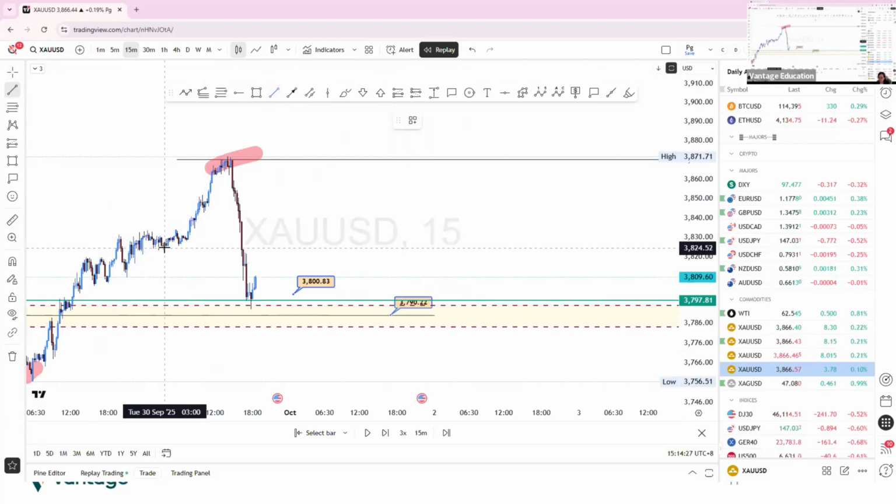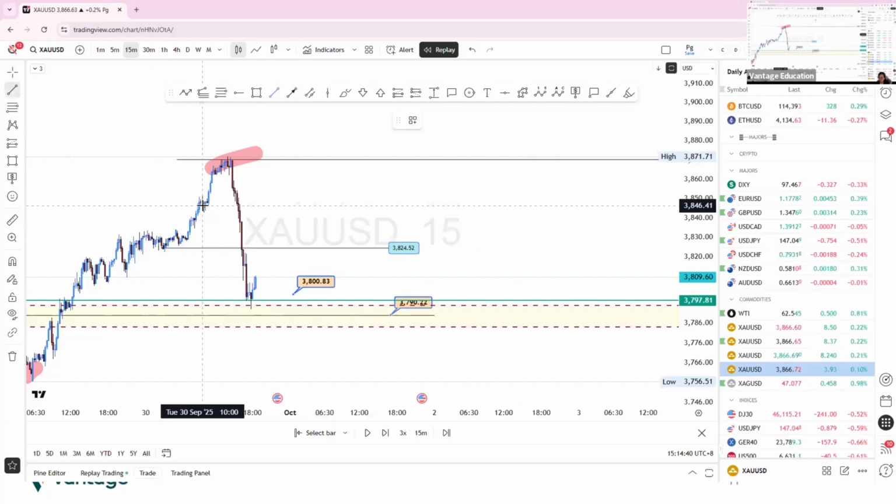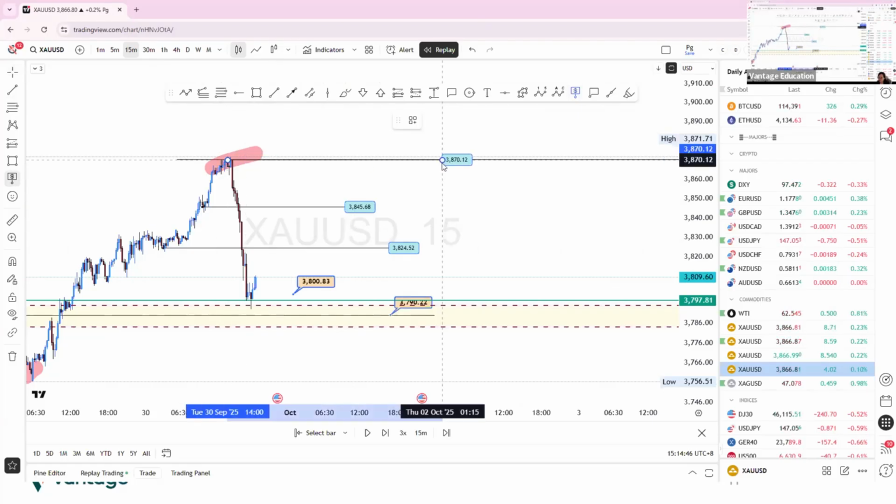The first TP you should aim for is the break below 3824, from this support break that could be pulled back. The next target is this one, and the third TP is going back to the all-time high.